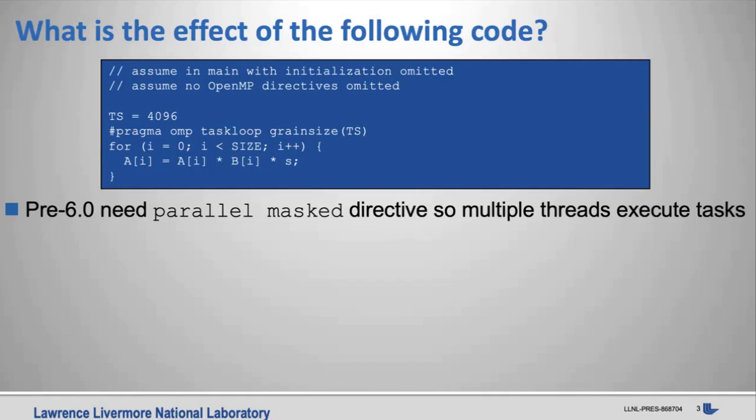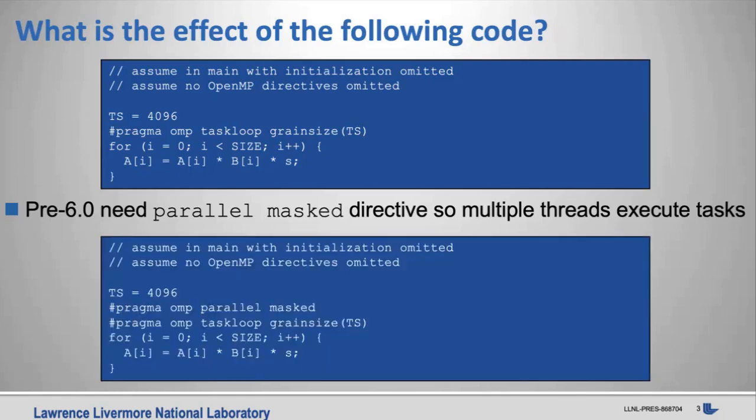Prior to 6.0, you basically had to first have a parallel masked construct around that code that would ensure that there were multiple threads available to execute the iterations. So you would generate the tasks in the taskloop just once, inside of the primary thread of that parallel team.